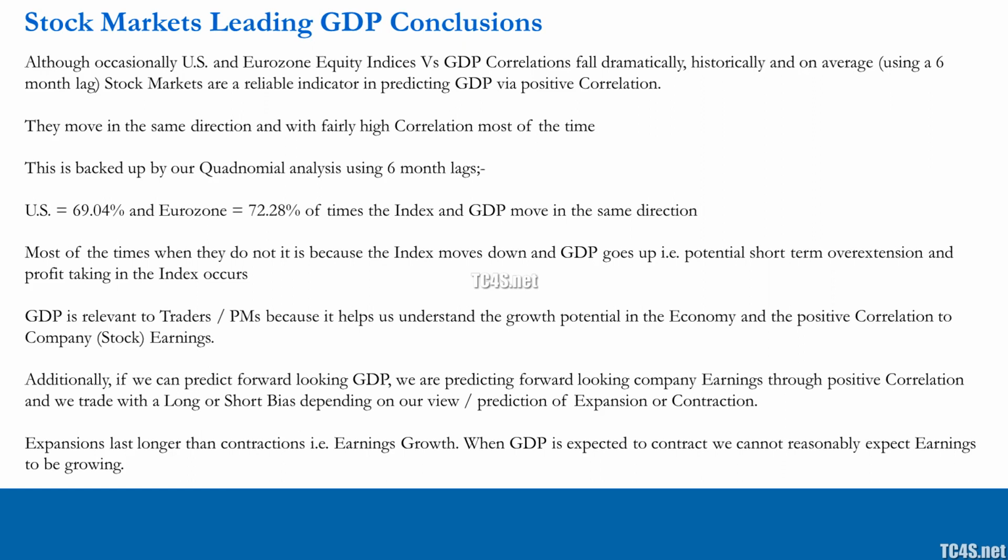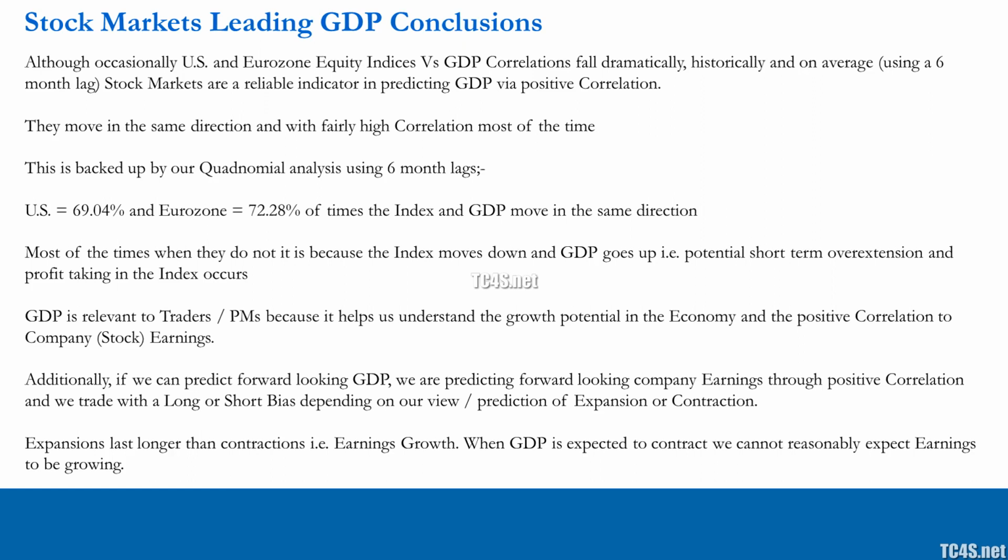Well, we are predicting forward-looking company earnings on the whole, on a wholesale basis across the market. Okay. We're predicting forward-looking company earnings through positive correlation, and we trade with a long-short bias depending on our view or prediction of expansion or contraction in the economy.